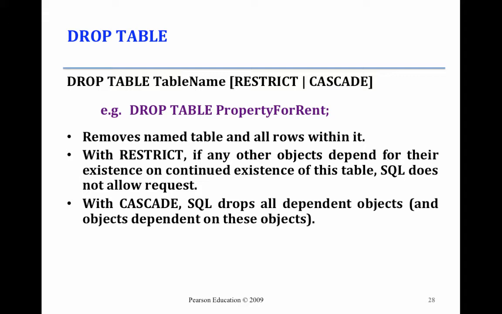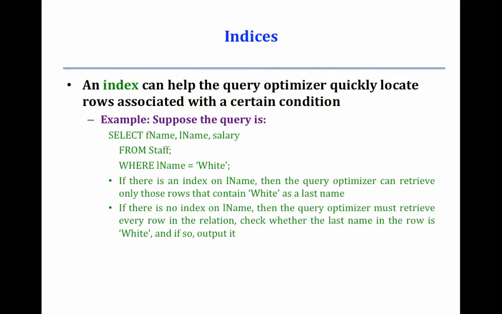So a branch may have some number of telephones. If you delete the branch relation, there's no reason to have the phones relation. So restrict or cascade is more geared toward that situation. Restrict would say don't allow the deletion if there are other tables that depend on it. You'd have to delete the phones first. Or cascade says ripple it, so that if you delete the branch, you also delete the phones.